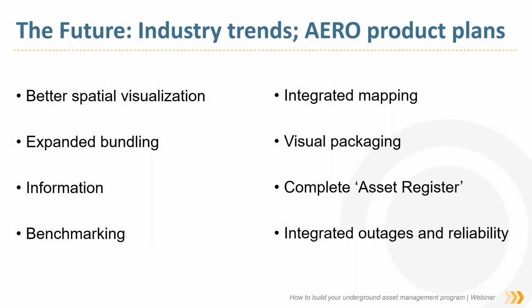Some of the things that we're doing right now are we're working with customers on integrating mapping capabilities directly into Arrow, and then allowing them to do visualization of circuits, as well as packaging and bundling.